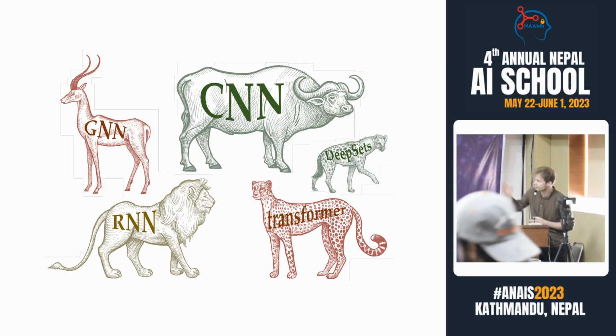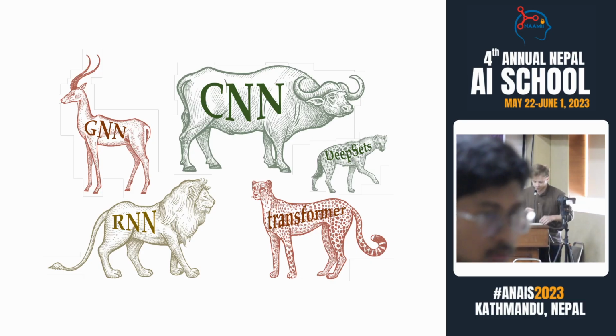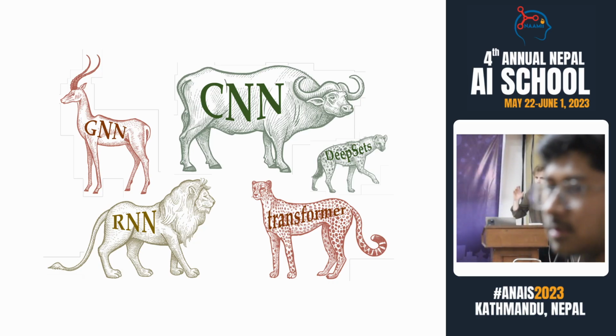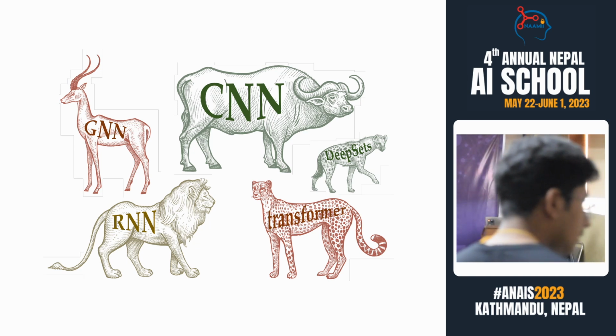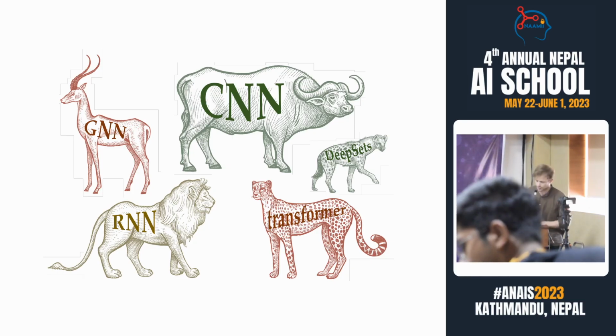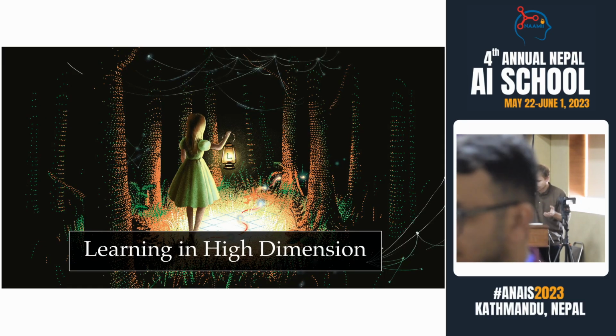You can see there are GNNs for graphs, CNNs for images, deep sets for sets, transformers for everything, and RNNs. Geometric deep learning can be motivated by wanting to develop a formalism to talk about all these different architectures in a unified way. This formalism will help us compare these architectures, and understand why we are interested in developing them and why they are as they are. So that was more of the cultural motivation.